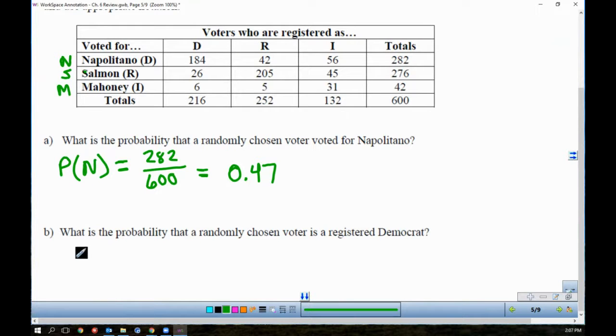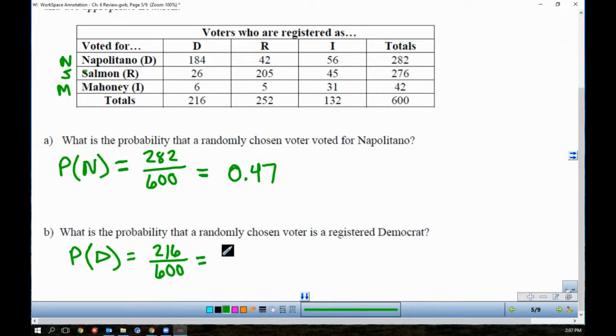Part B asks the probability that a randomly chosen voter is a registered Democrat. So the probability of Democrat. Well, how many registered as Democrats? 216 out of the 600 total.